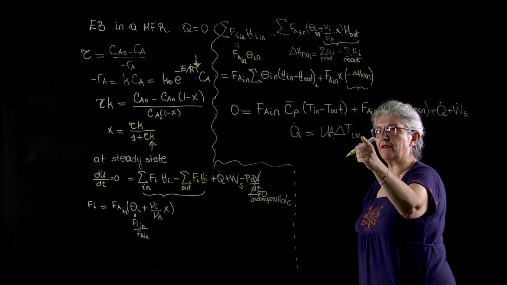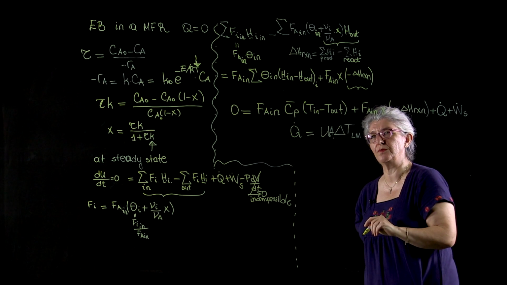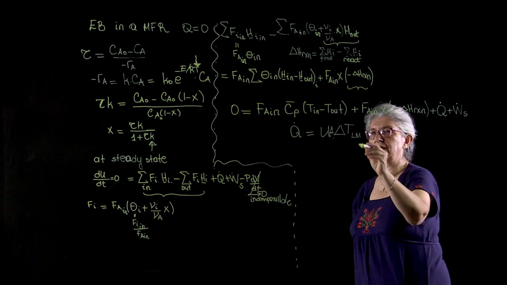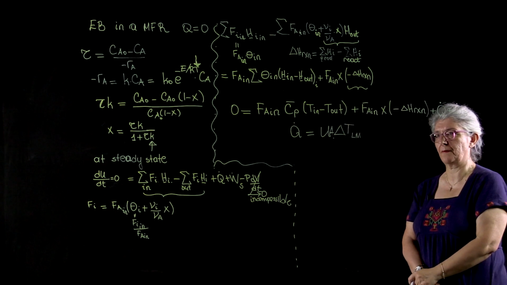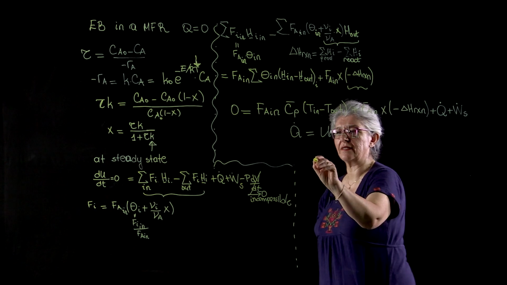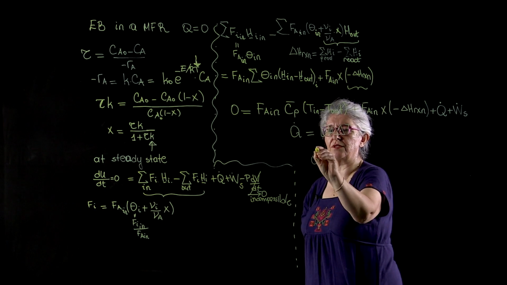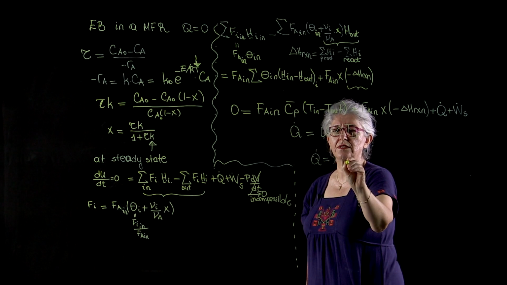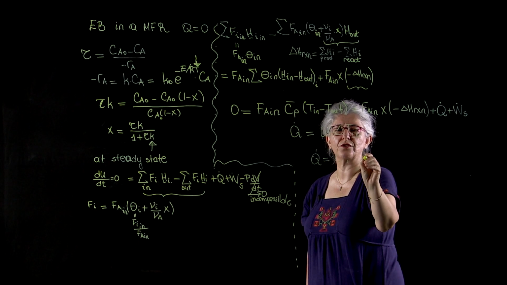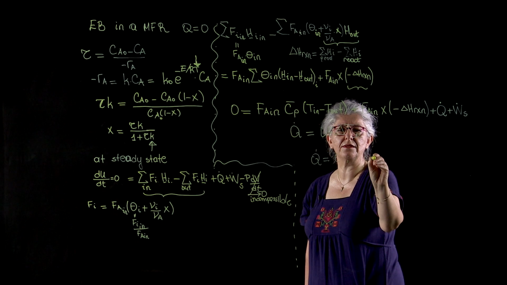This is going to be one of our heat removal terms. The other heat removal term is going to be the stream that is leaving with its energy out of the reactor. For an adiabatic reactor, this heat term is going to be 0, under the conditions that shaft work is negligible.